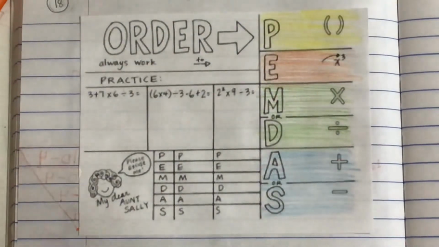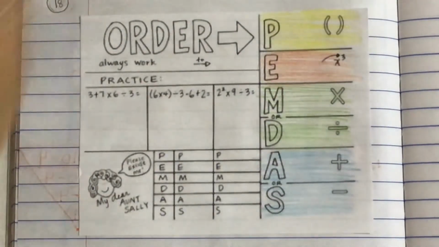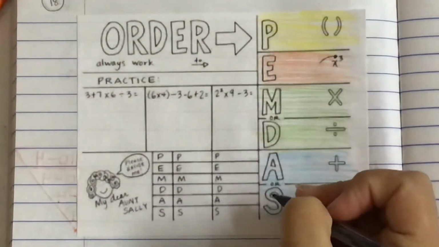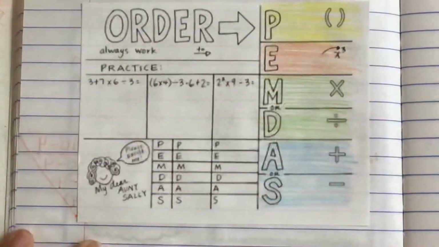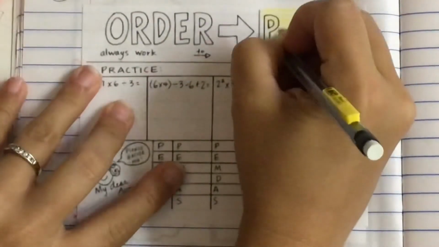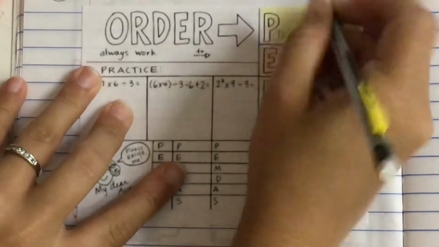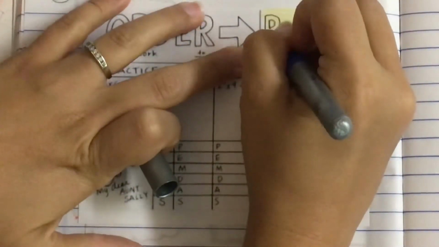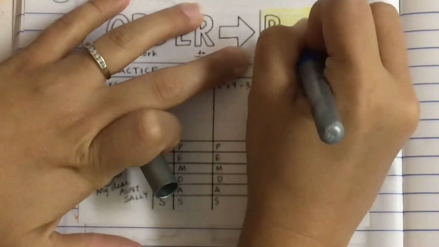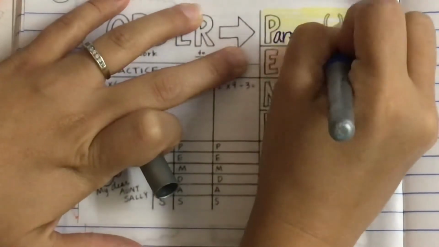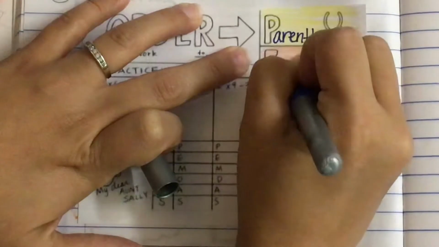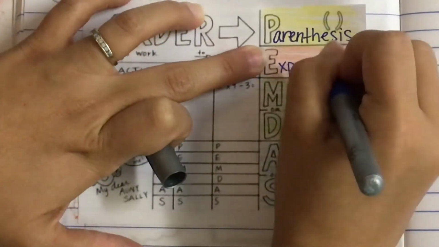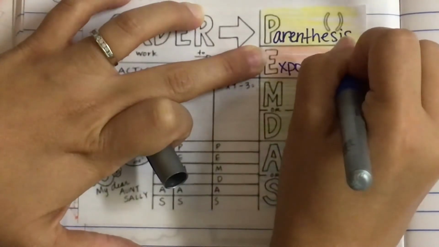Okay, so again, we're just going to repeat what we know. So when we are following the order of operations, or PEMDAS, we have parentheses. And I'm going to write with something different so I can make sure you see. Parentheses, exponents, and I like this page because it gives you an example of what each of those look like.